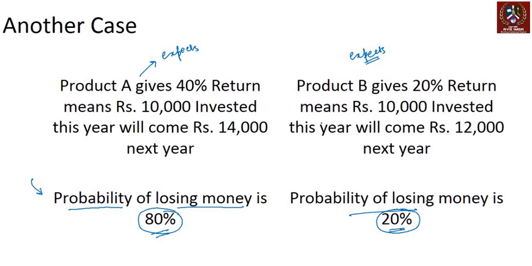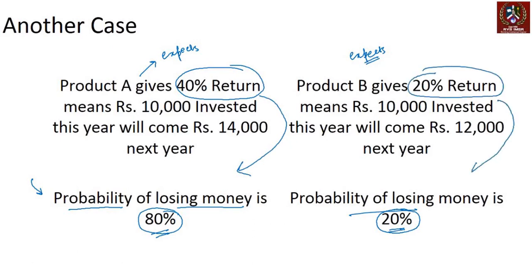Some of us may still say that we would want to go for 40% return with an 80% chance of losing money. Some of us may choose that we may want to go for 20% return. That's fine, we get a lesser return, but the chances of our losing money is also lesser, right?